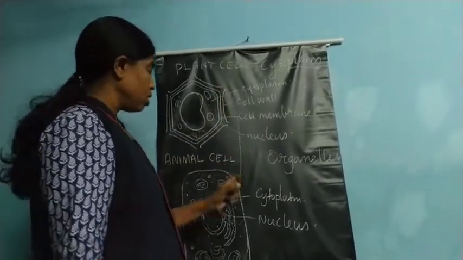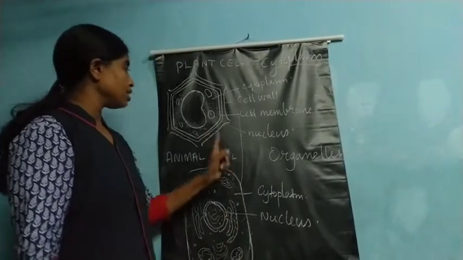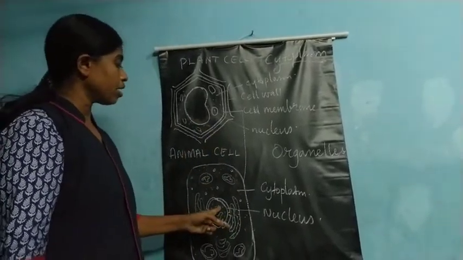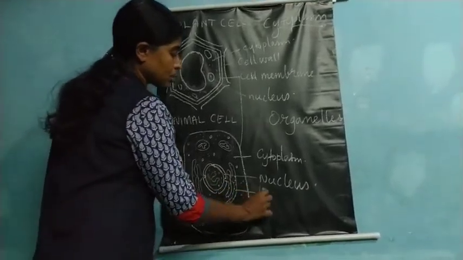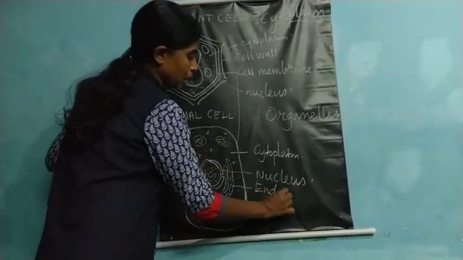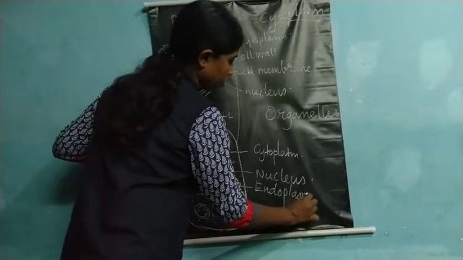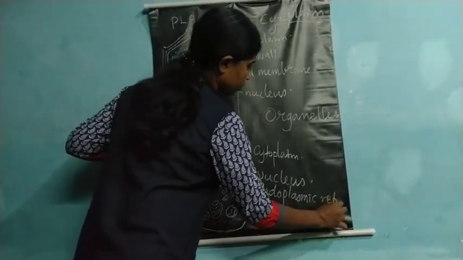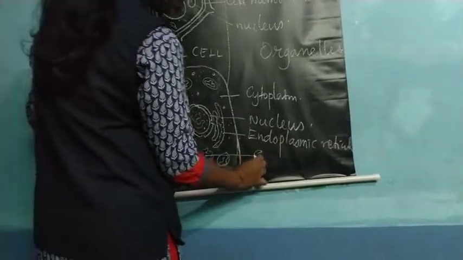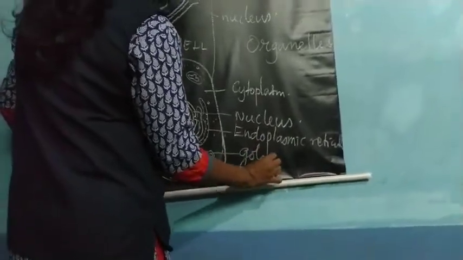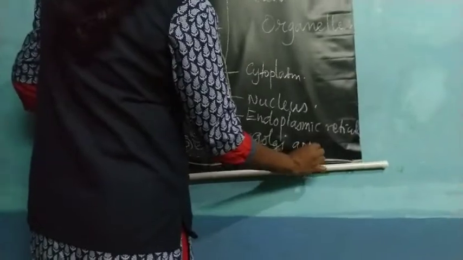The organelles include the nucleus I said, then this is called endoplasmic reticulum. And then this is Golgi apparatus.